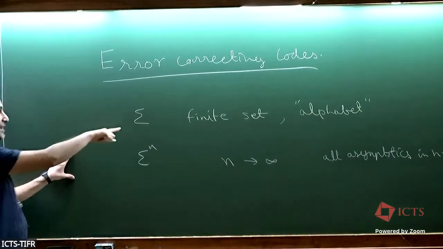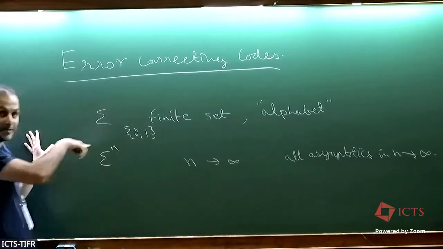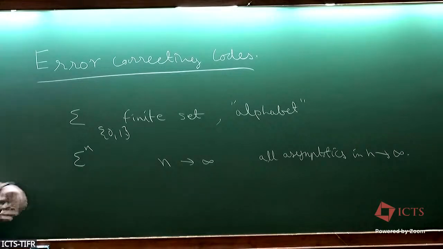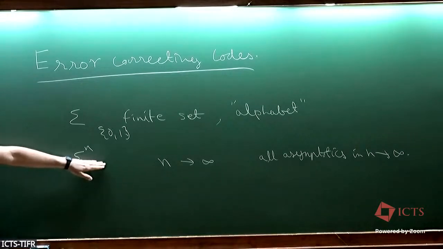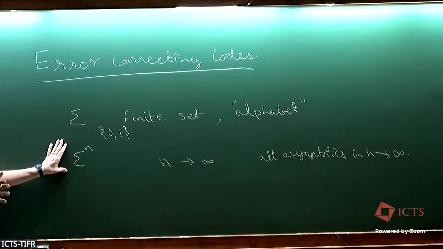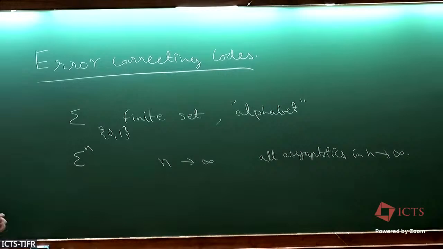A good example of a finite set is {0, 1}, and we will keep that in mind. There will also be settings where sigma grows as n grows. That's a more complicated thing to visualize, but we'll keep that in mind, and when we actually do such things, I will say more about what it means. So this is our setting.